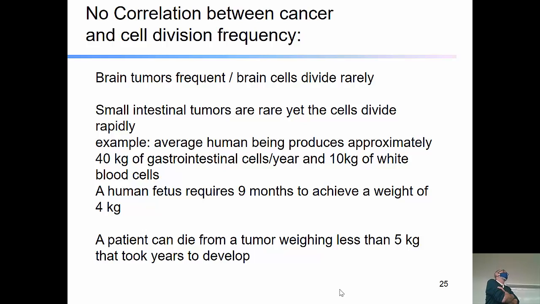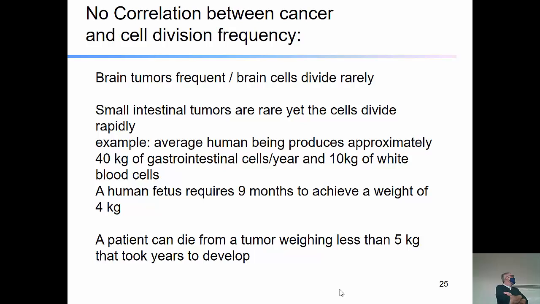This is odd and maybe a bit counterintuitive, but there's not a correlation between the normal cell division rates within a tissue and cancer. So for example, in our small intestine, we have very rapid rates of cell division.